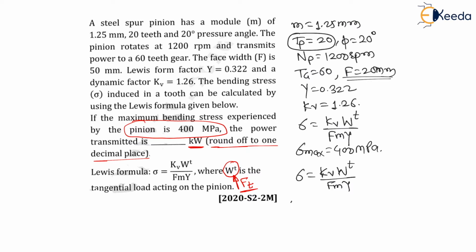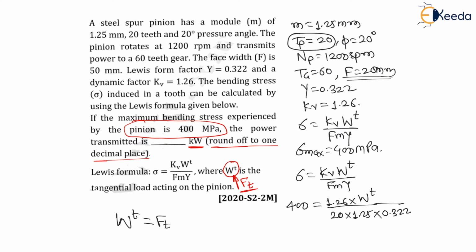Let us put all the values. Sigma is given 400 MPa, that is Newton per mm square. Kv is given 1.26 into Wt, which is unknown, divided by F which is given 20 mm, module is given 1.25 mm. All dimensions we have to use in the same units. Y is given 0.322. So in this equation only Wt is unknown, that is the tangential load.